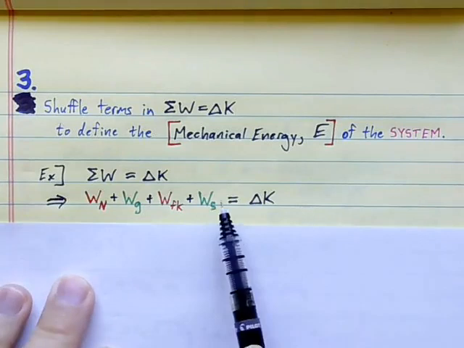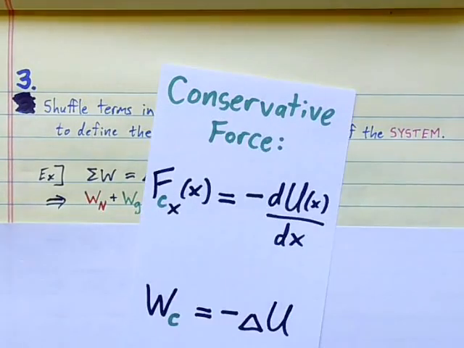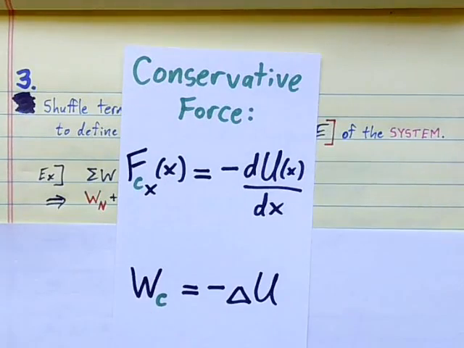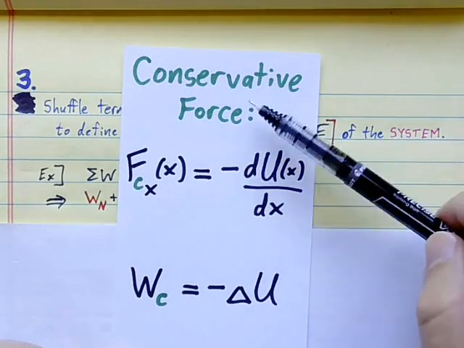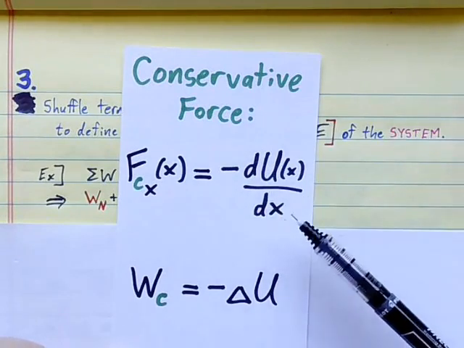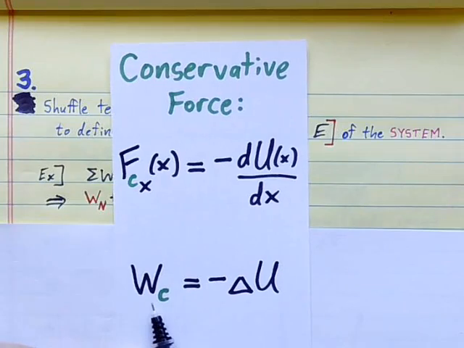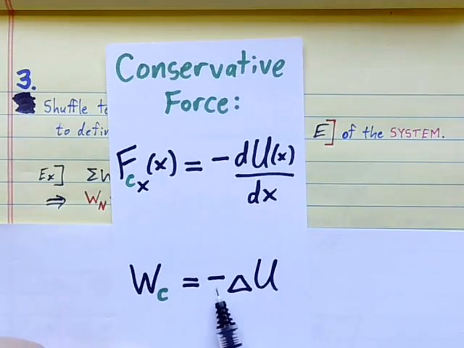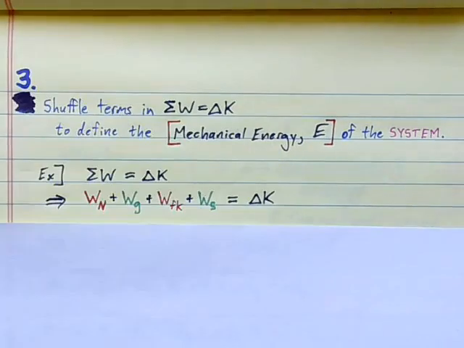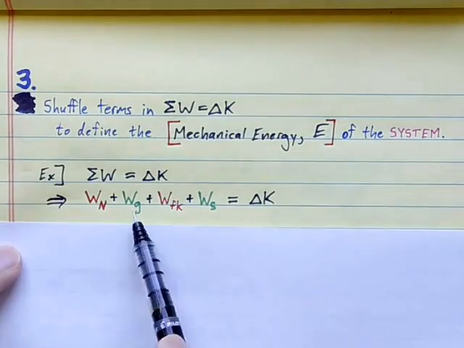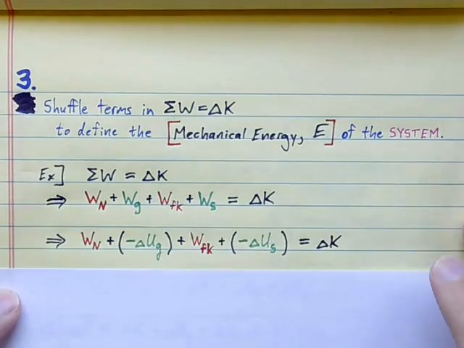For those two works done by the conservative forces, we know that a conservative force is defined as one that can be related to a corresponding potential energy. So each work done by a conservative force is equivalent to the opposite of the change in the corresponding potential energy. So I'm going to replace each of these works by conservative forces with the opposite of the change in the corresponding potential energy.